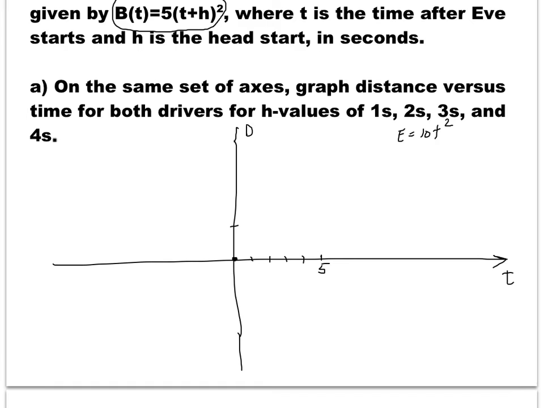So if this is 100, 200, 300, 400, 250 is going to be somewhere around here. This is going to be the point, and our graph looks like this one. Now I'm going to plot the same thing for Byron. If the head start is 1, then I call it B1.